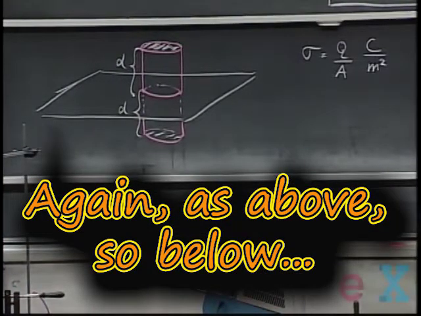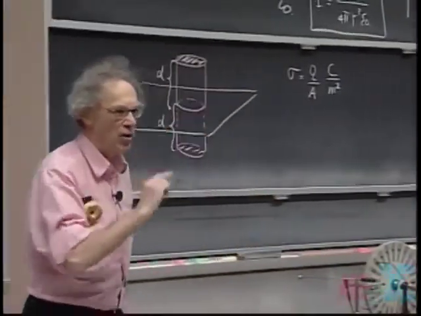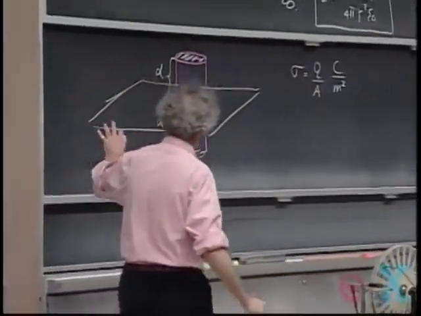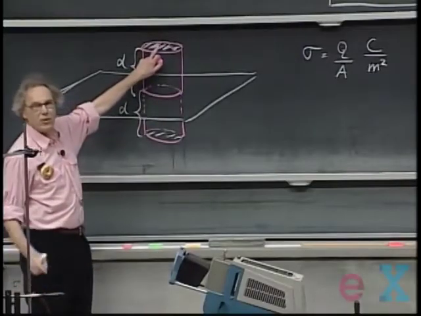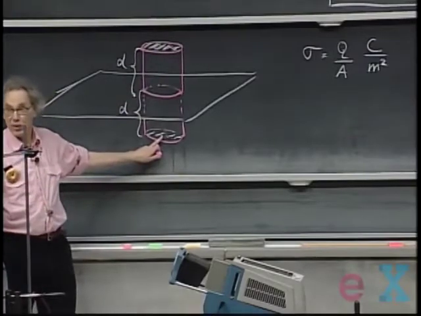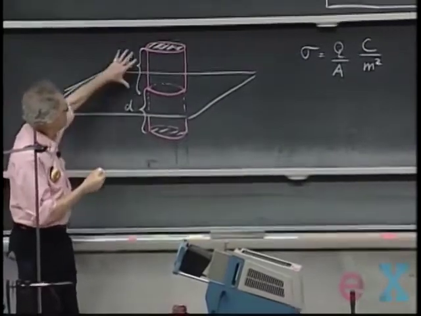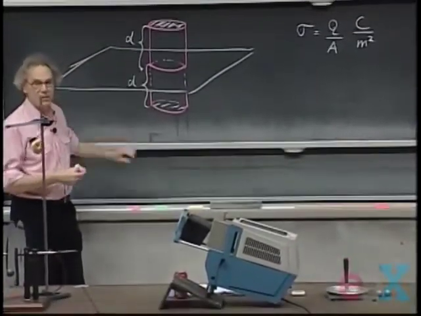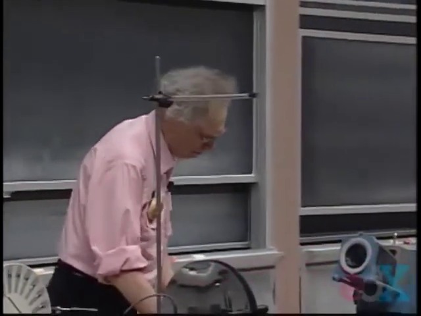And you can already smell why that is important. Because if you ever want to use a symmetry argument, if this plane is uniformly charged, the electric field vector here, in terms of magnitude, obviously must be the same as there in terms of magnitude, maybe not in terms of direction, as long as this d is the same as that d. So that's why it's important that the two d's are the same.